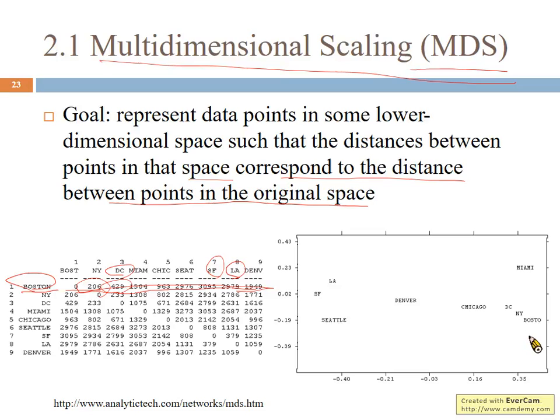So here is the example. We can see that Boston, New York, and Washington D.C. are close, and the distance from LA and San Francisco to Boston is quite far. So we want to find the best low dimensional representation.